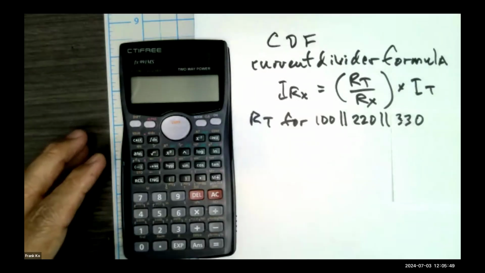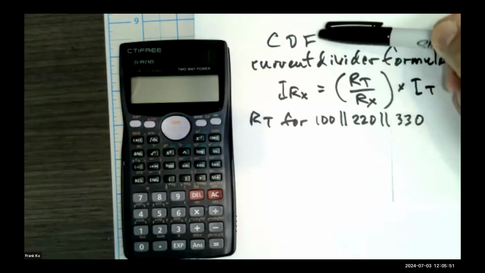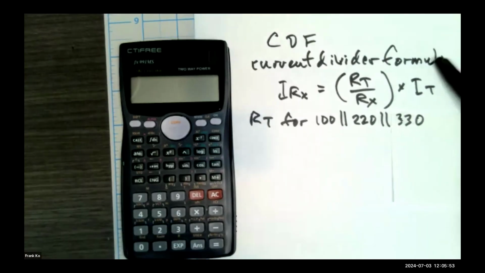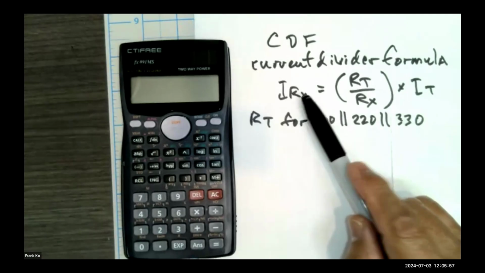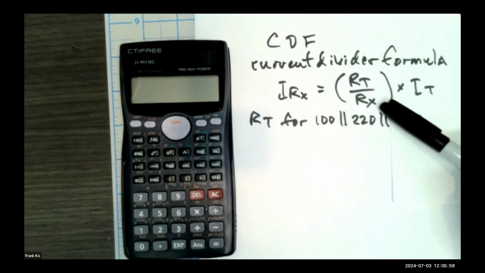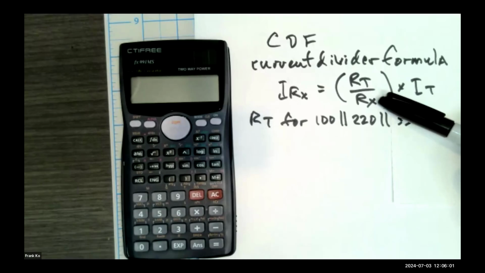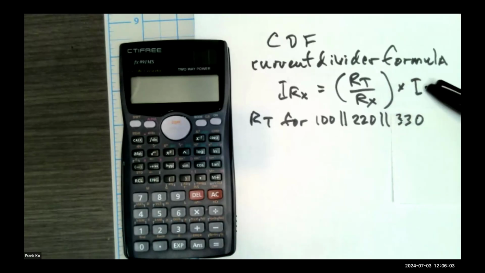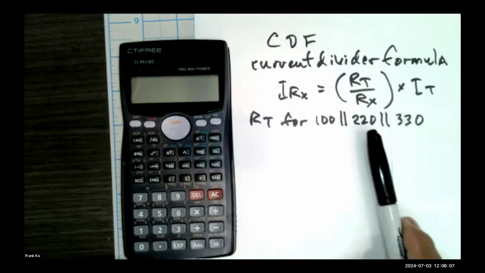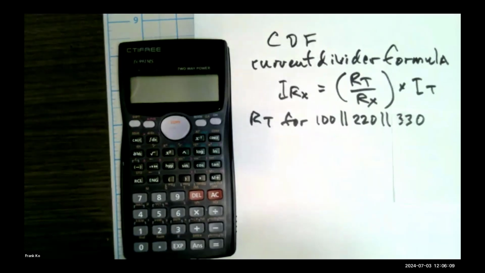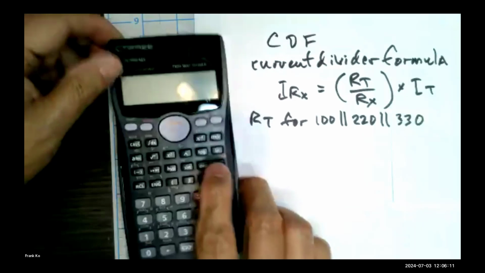Okay, let's take a look and see what we have, my friends. We have CDF for current divider formula. Current divider formula is given as IRX, the unknown resistor current, is equal to, in parentheses, our total divided by that particular resistor value, times total current. So we have to start back with RT. RT for 100 parallel with 220 parallel with 330 calculates this way.